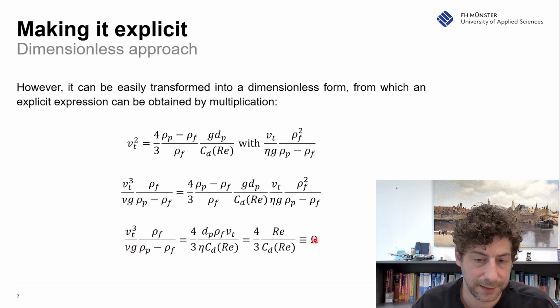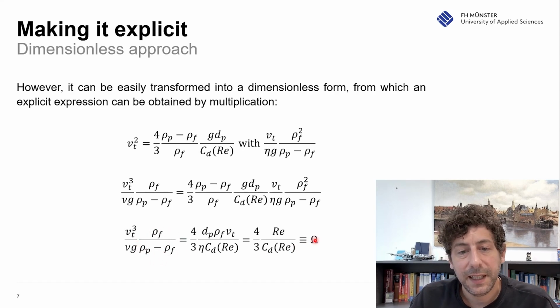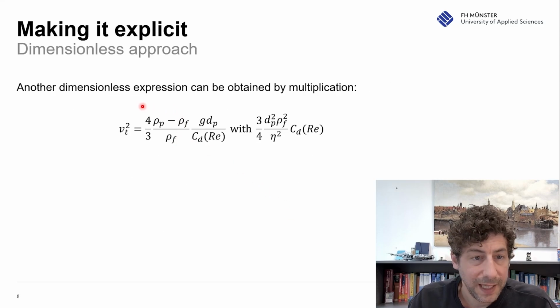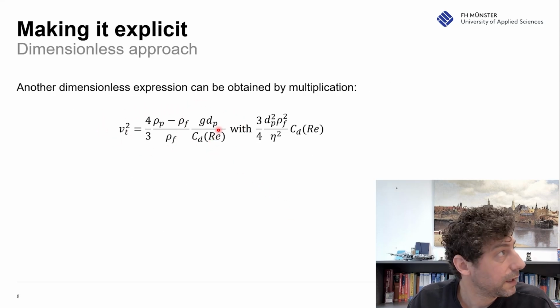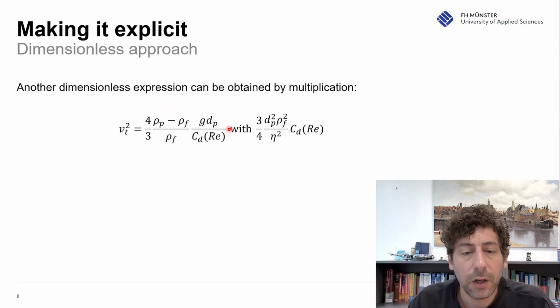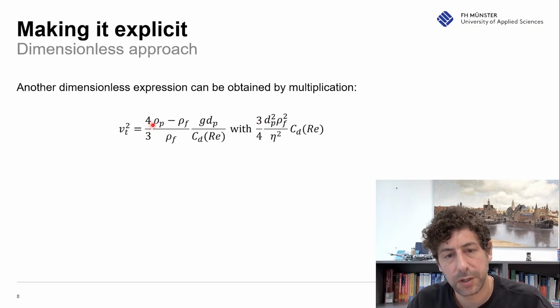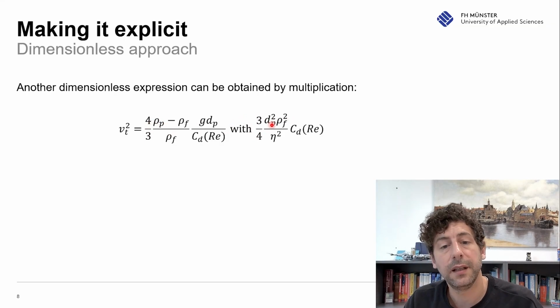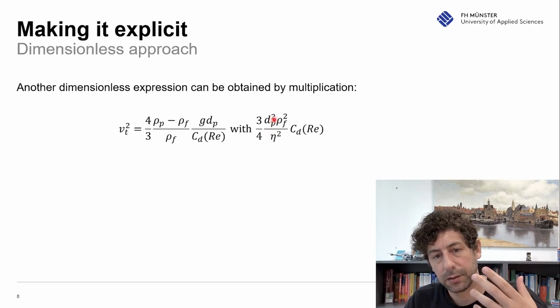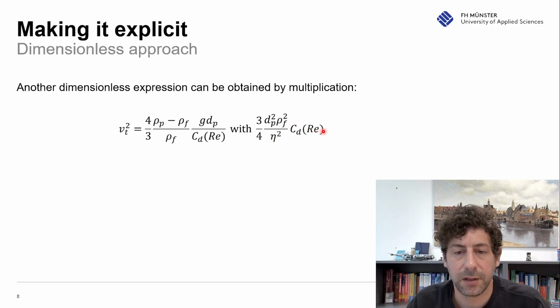And the same we can do if we take again the general settling equation, and now we multiply with 3 divided by 4 because we want to switch this expression, as you will see, and then d particle size to the power 2, density of the fluid to the power 2, and viscosity to the power 2, and then CD as a function of Reynolds.